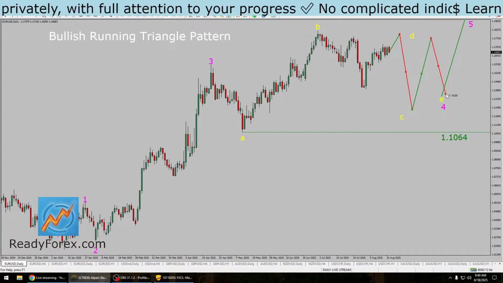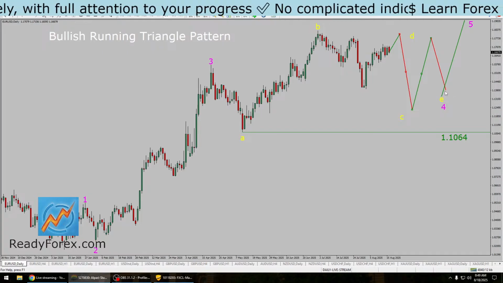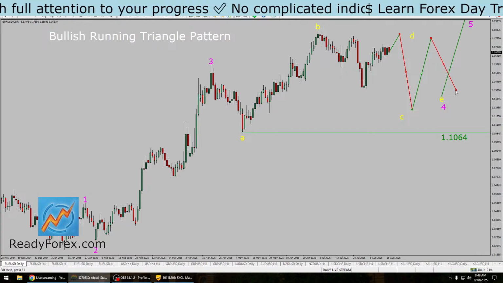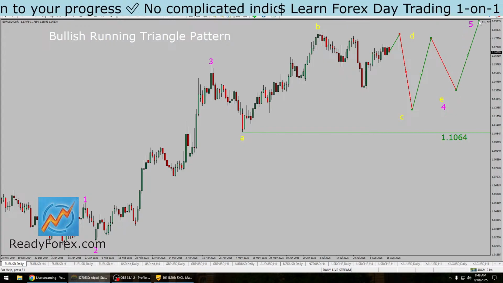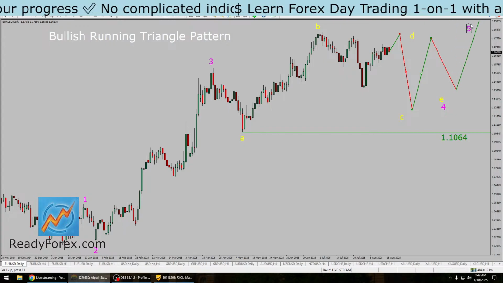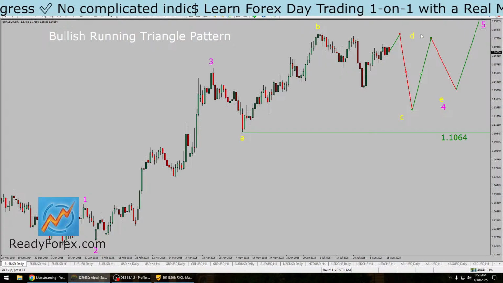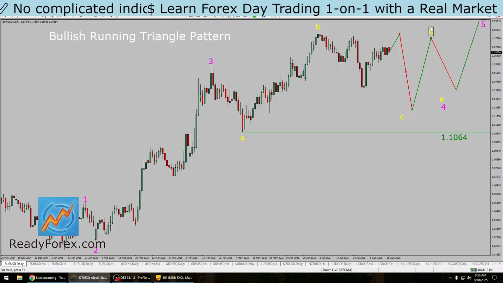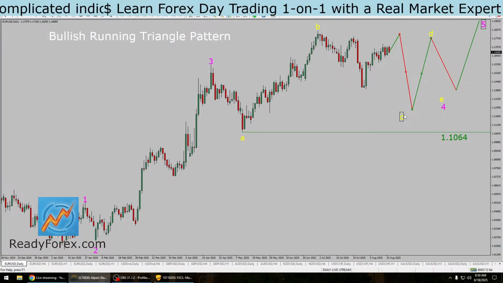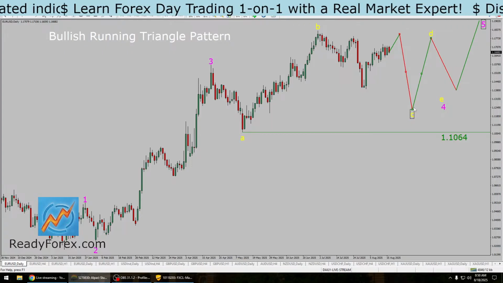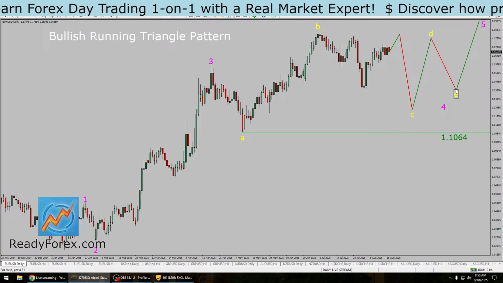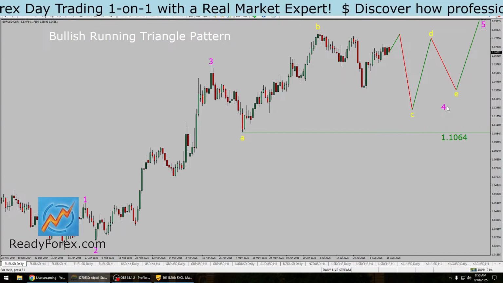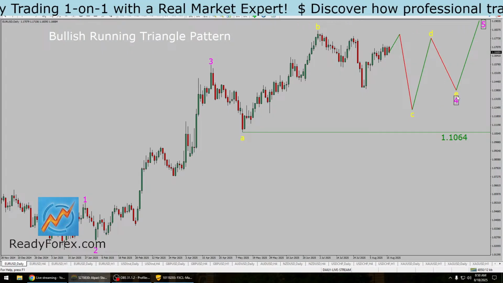So inside the euro dollar currency pair, the trend is up. It's an uptrend, and price action is probably going to rise more over here. I'm also going to show you the smaller time frames, like 4 hour, 1 hour, and even a 15 minute time frame.